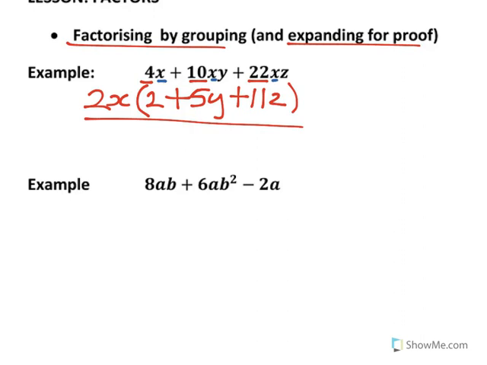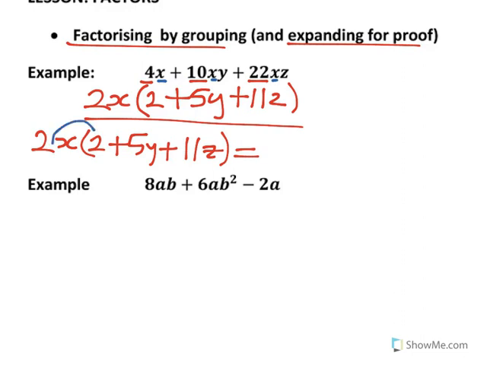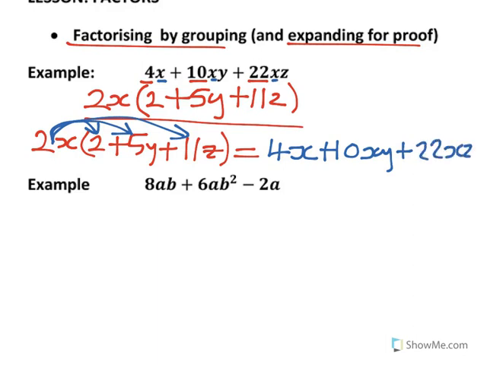If you expand as proof, you can expand and say 2x times (2 plus 5y plus 11z). You are going to find when you start to expand, it's 2x times 2, 2x times 5y, and 2x times 11z. 2x times 2 is 4x. 2x times 5y is plus 10xy, plus 2x times 11z is 22xz.